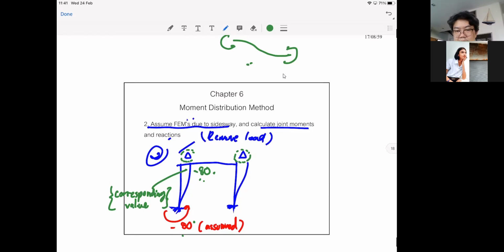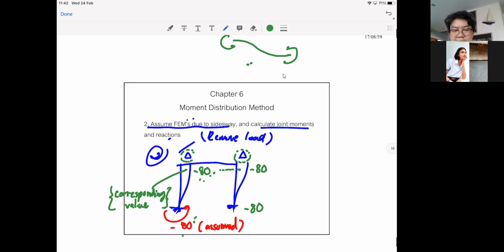So it means that your assumed number here must also be related to this number. Likewise, if you assume this is minus 80 and this is minus 80, and you have the same kind of column, this must be minus 80 and minus 80 as well. So the key is to assume reasonable values and relationships, and then you carry out this analysis.